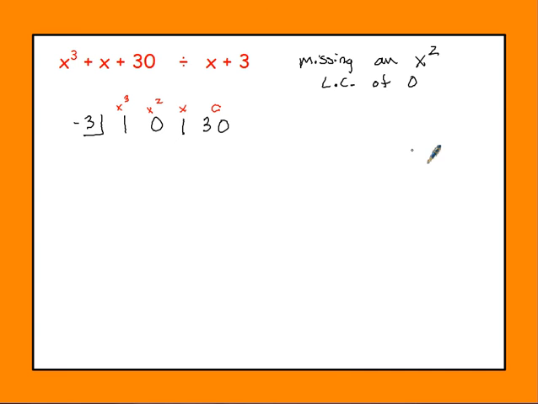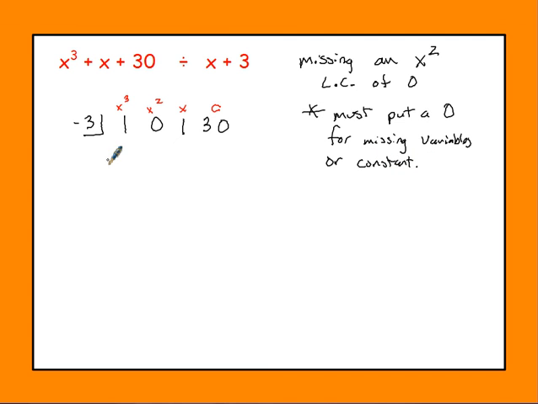So basically what you're getting out of this one is you must put a 0 for missing variables or constants. Sometimes my constant can be missing as well, and I have to put a 0.